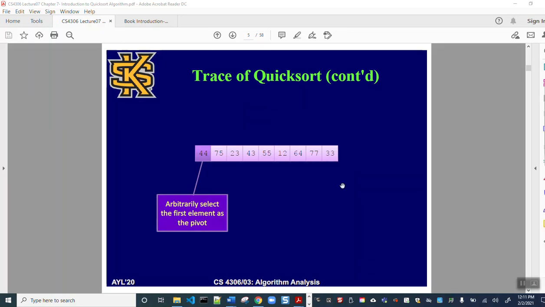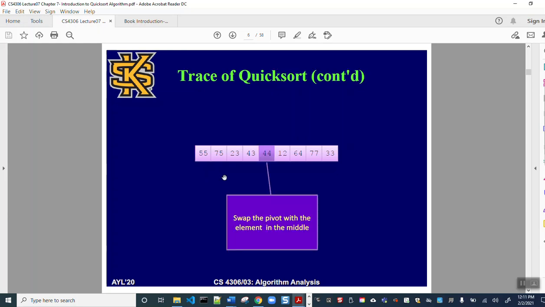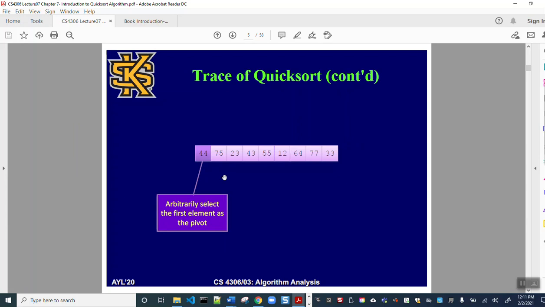For instance, in this demo we are considering the pivot element as the beginning element, the first element, which is 44. Let us demonstrate that. There are multiple ways to select the pivot element.